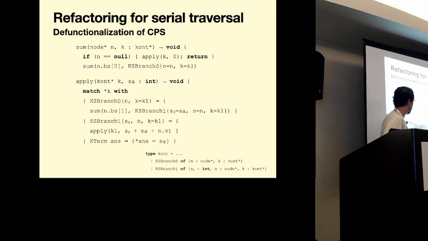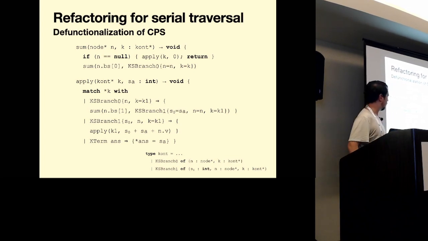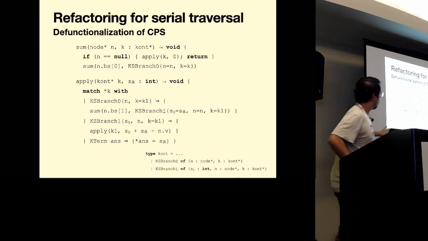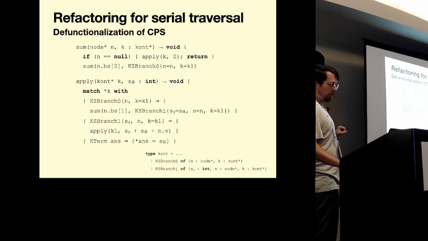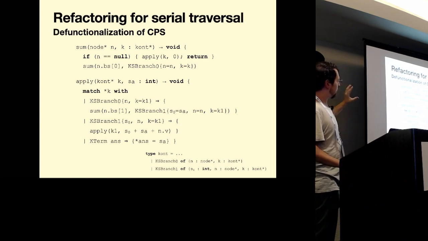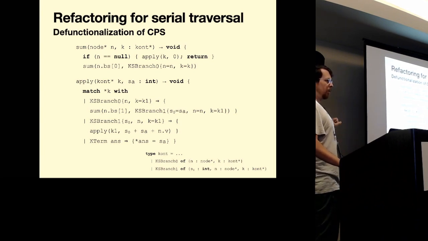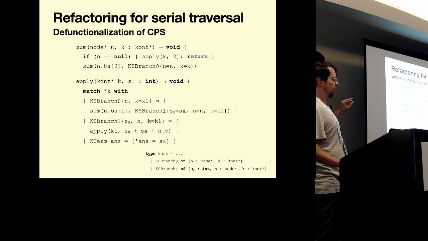It creates a value for the return continuation corresponding to the second recursive call, which is this one. Okay, so now we've gotten these two algorithms in somewhat similar shape. They're both CPS converted and their continuations are defunctionalized.